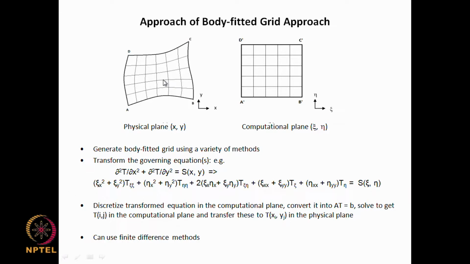we would work in the computational plane where you have uniform grid spacing in both psi and eta directions. These psi and eta directions are such that lines of constant eta, for example this line, will be a curvilinear segment here, and some of these boundaries fit into the boundaries that are present in the physical plane.